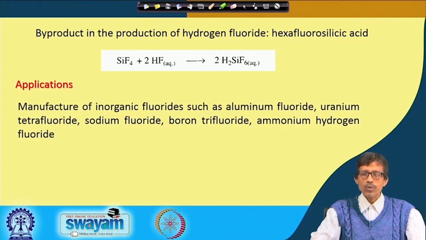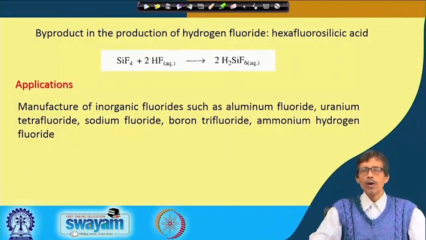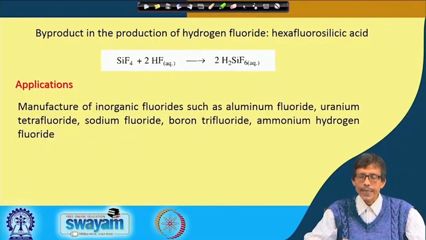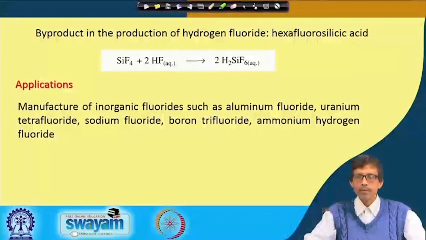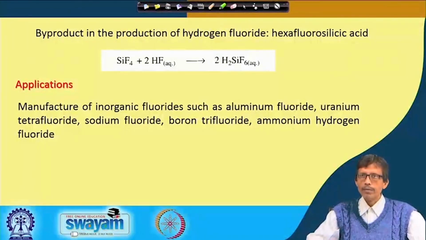Then we use that on a large scale for the manufacture of one such useful inorganic fluoride, aluminum fluoride, because for getting aluminum, cryolite is a naturally occurring material.